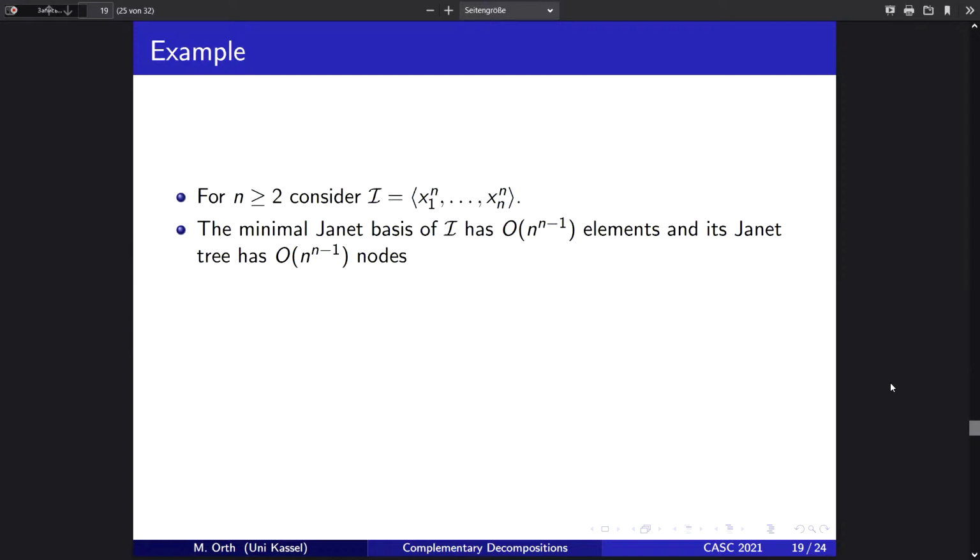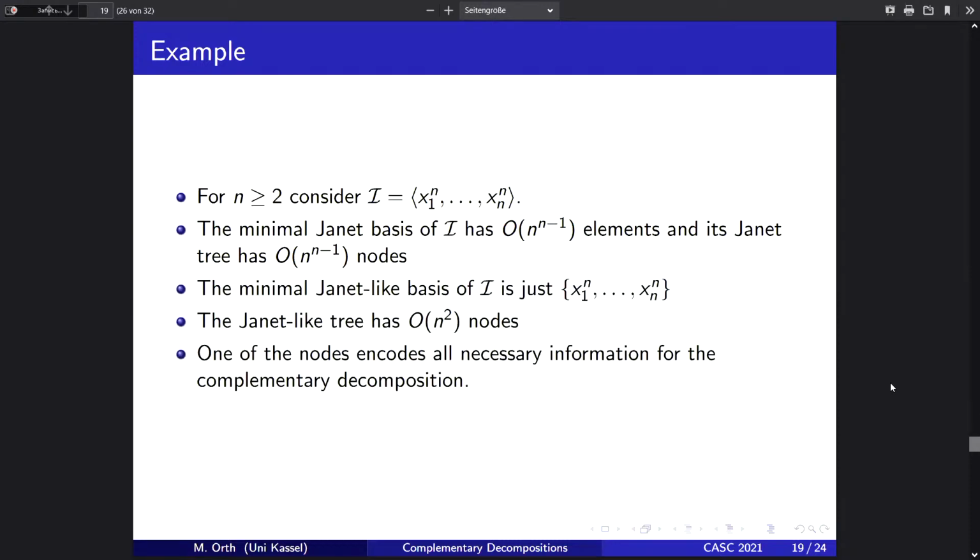Let's consider, for n greater or equal to 2, the ideal I, a simple ideal generated by x1 to the n up to xn to the n. The minimal Janet basis then has n to the n minus n elements, or exponentially many elements. Whereas the Janet-like basis is just the minimal generating set.